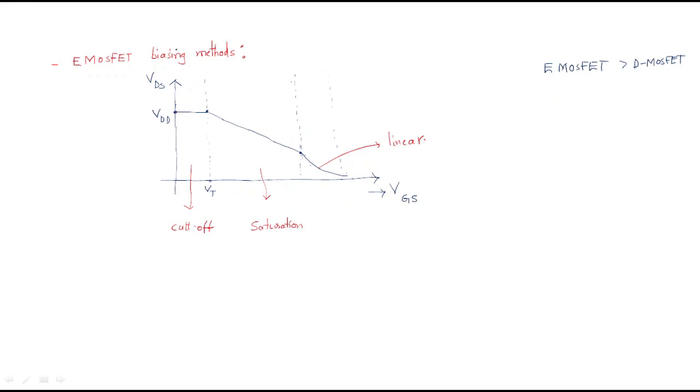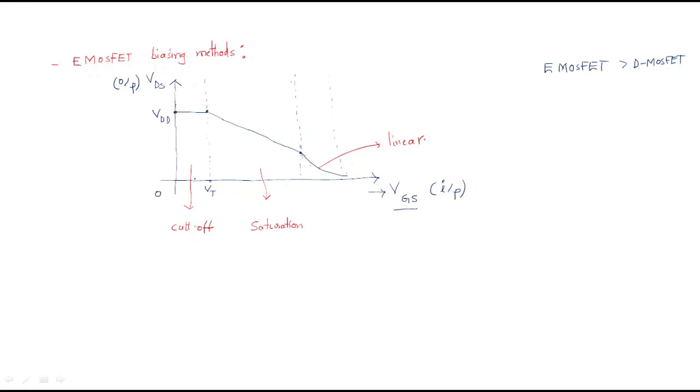Before discussing the E MOSFET biasing methods, first we should discuss the relation between input voltage and output voltage. Look here: the x-axis is VGS, the gate source voltage, which is the input voltage. The y-axis is VDS, the voltage between the drain and source, which is the output voltage.